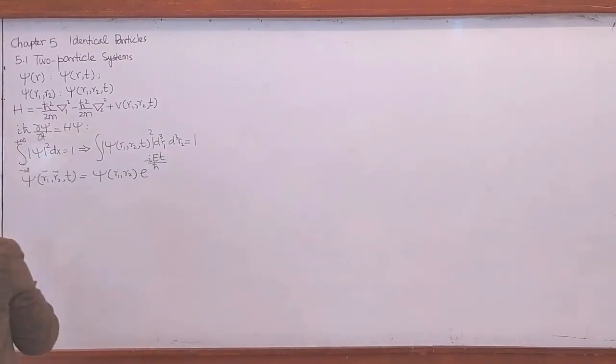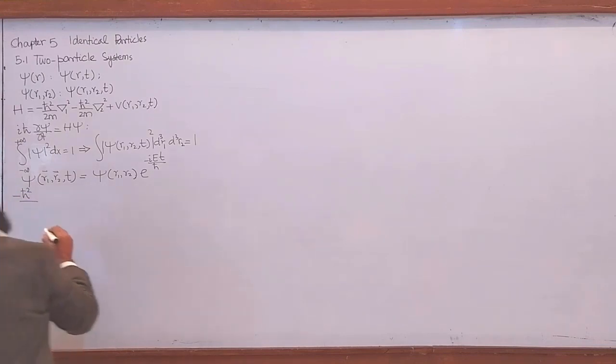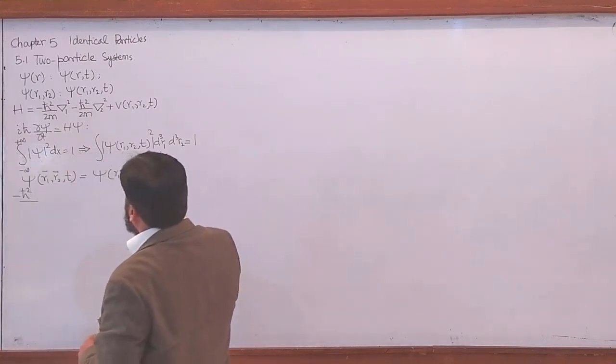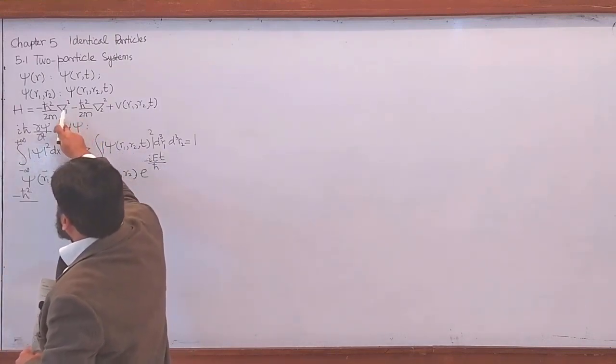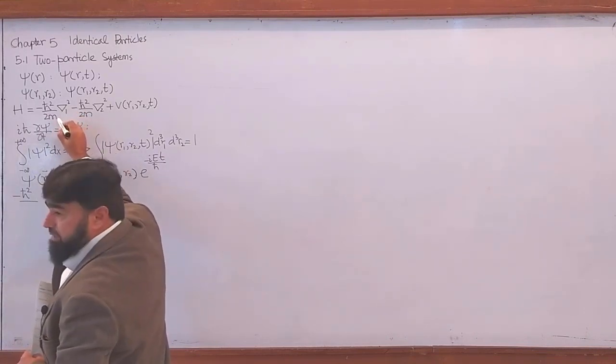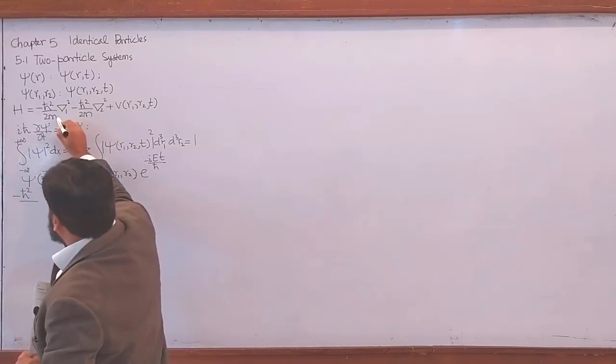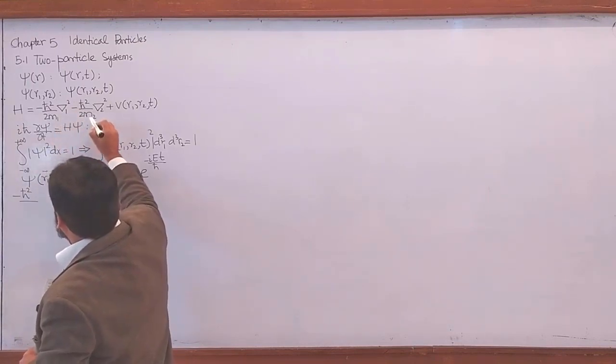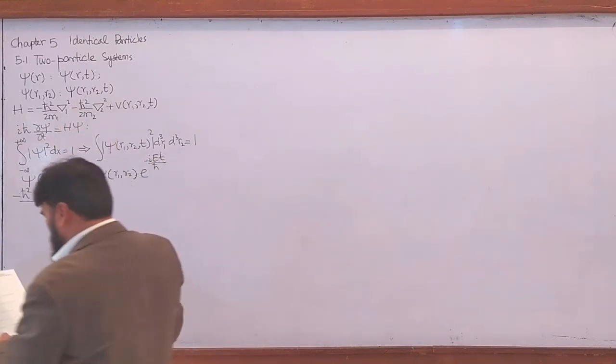Similarly, I can write the Schrödinger wave equation, which is the time independent one, minus h bar squared. Okay, we will have to take care of one thing here. This is a two-particle system. So if the two masses are not the same, then I can write here m1 and m2.